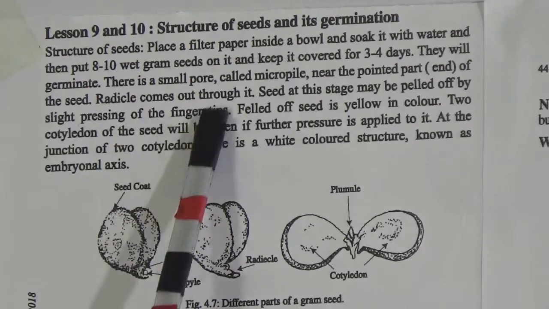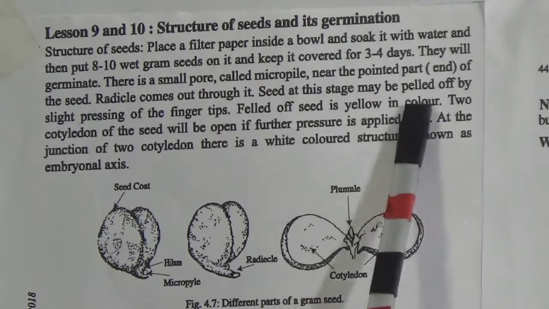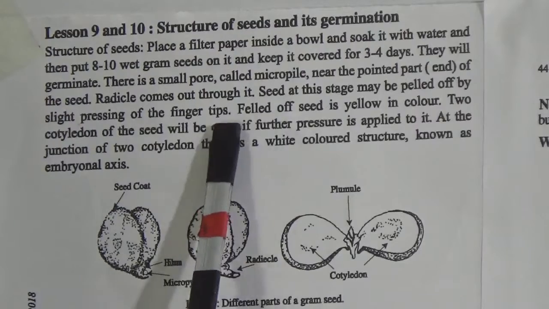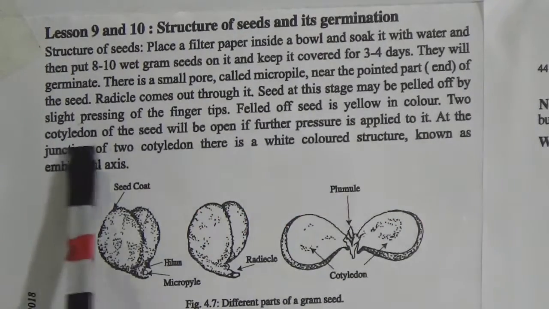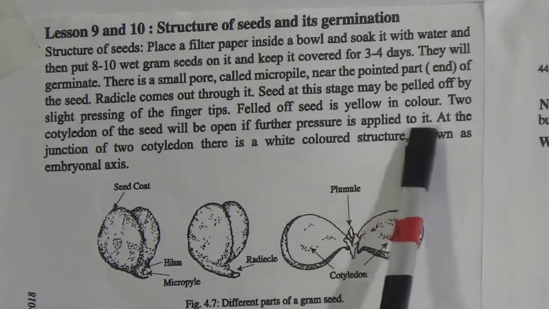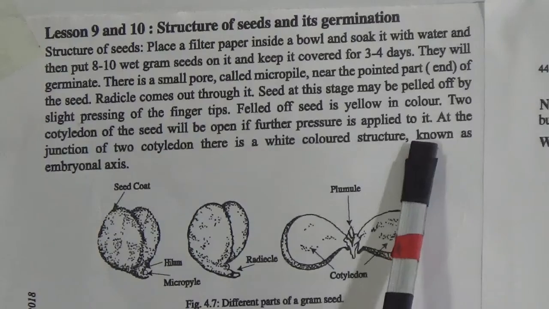Radicle comes out through it, and the seed at this stage may be peeled off by slight pressing with the fingertip. The peeled-off seed is yellow in color, and the 2 cotyledons of the seed will open if further pressure is applied to it, because it is a dicotyledonous seed.